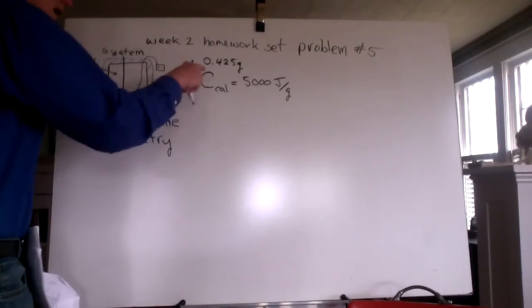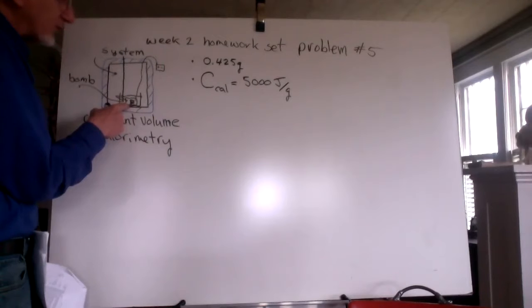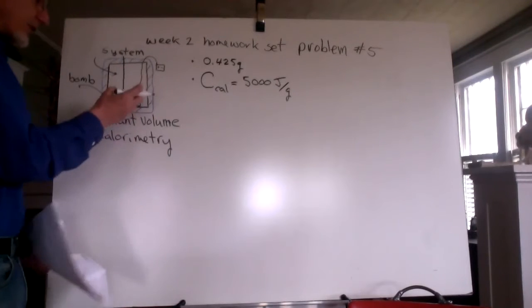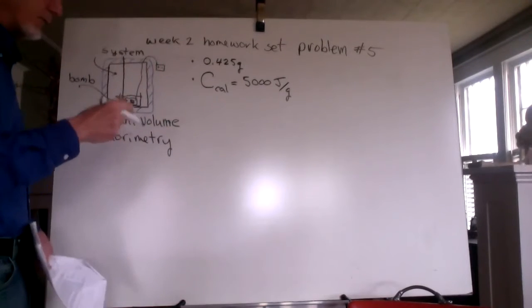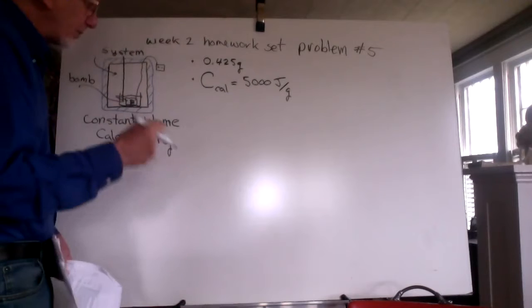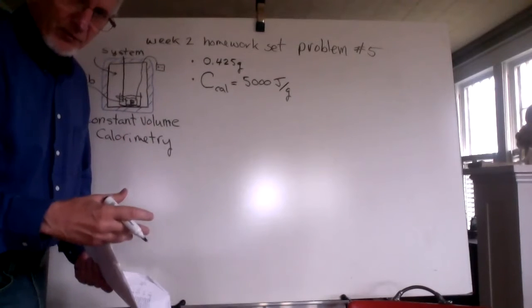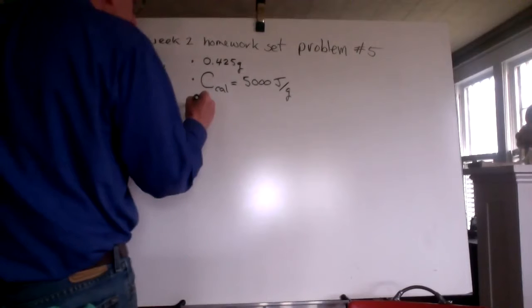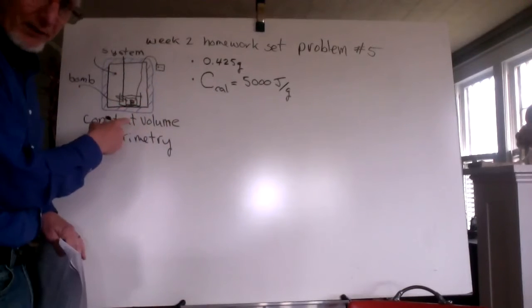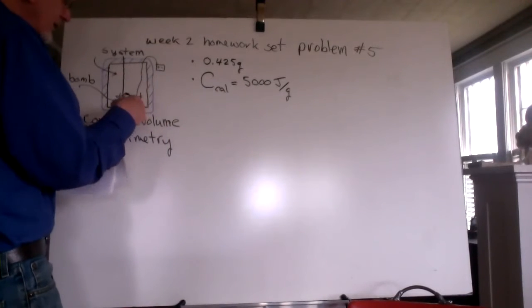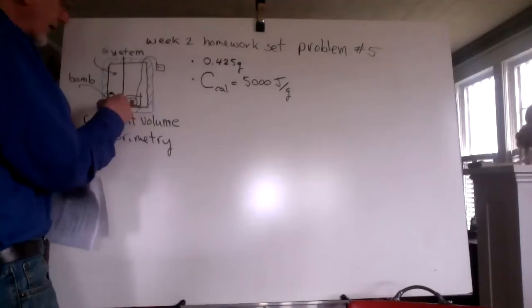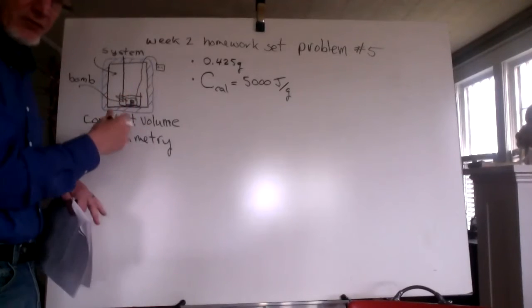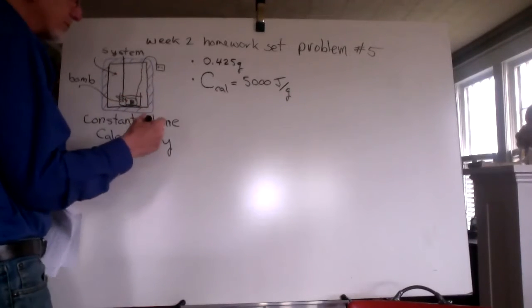Okay, so now we have that 0.425 grams of cereal in there. We've got everything hooked up. We close this up, and then we hit the little button on the battery. The spark takes place. That piece of cereal is completely combusted. Its heat energy is released, and we get a temperature change inside, because as the energy is released by the reaction, it's absorbed by the water and everything else inside of the calorimeter, and the temperature goes up.